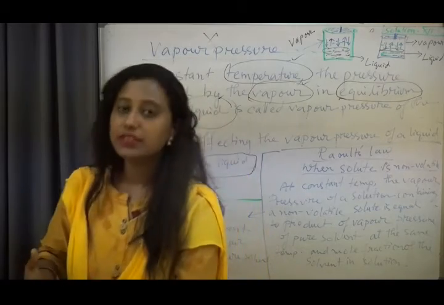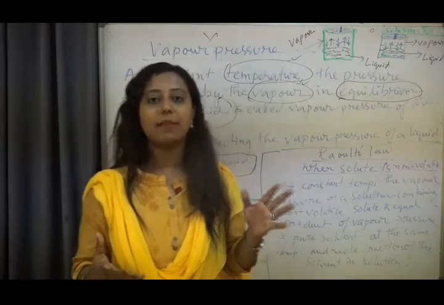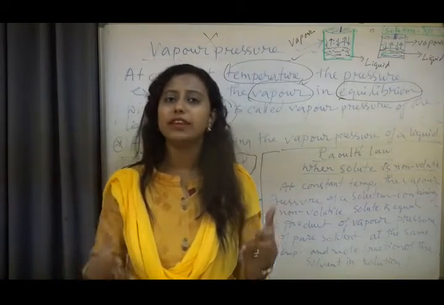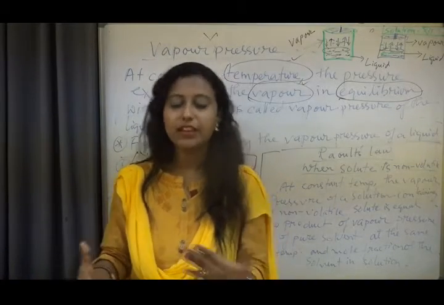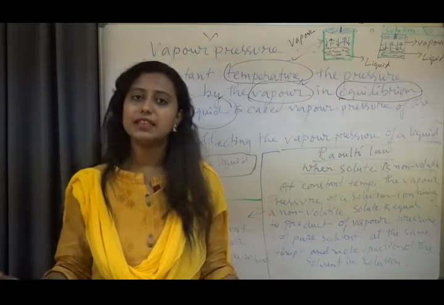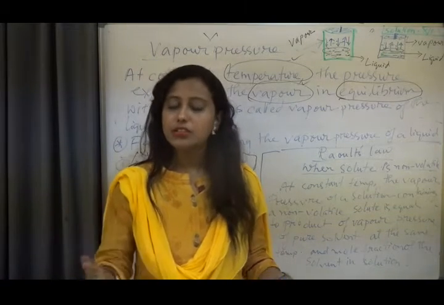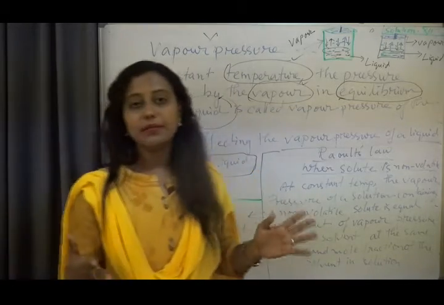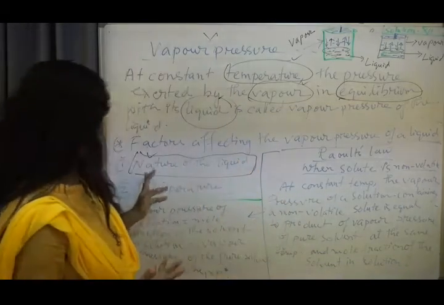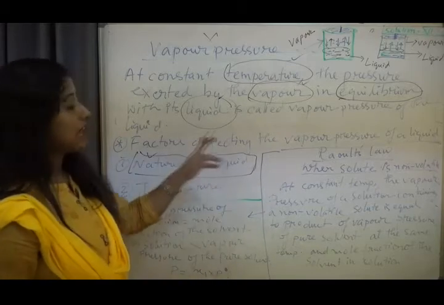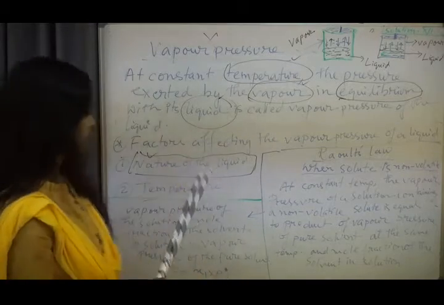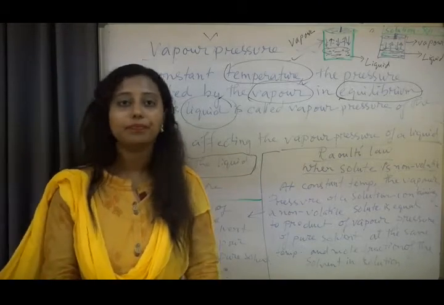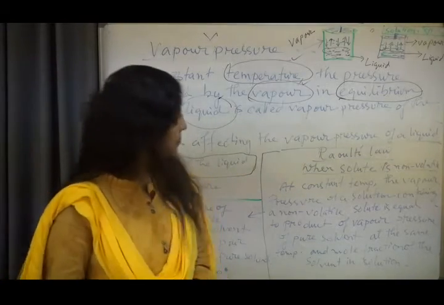This happens because the gas is very weakly bonded with the solution, as a result of which it escapes by applying a little bit of heat. So this depends upon the nature of the liquid. Then temperature is also a very important factor related to the vapor pressure.